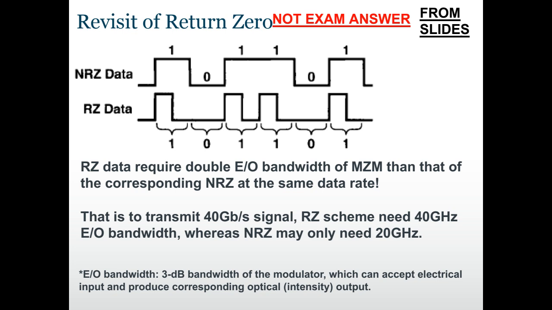So the electrical input would be just high for 1 and then low for 0. And then the optical input will just be on for 1 and then off for 0. And then as a receiver after photodetector, what you get would be the same. So high for 1, low for 0. Okay, so NRZ is very simple.